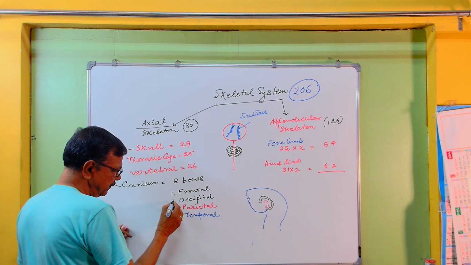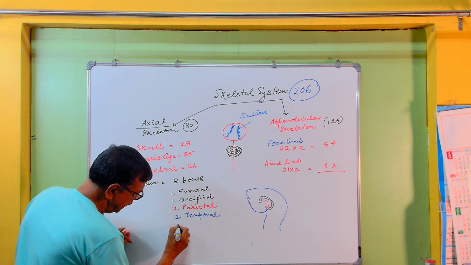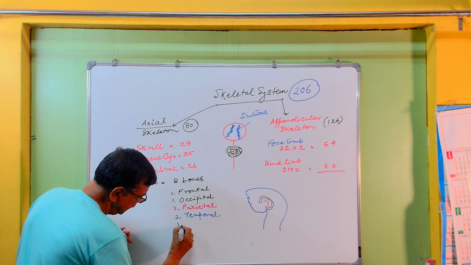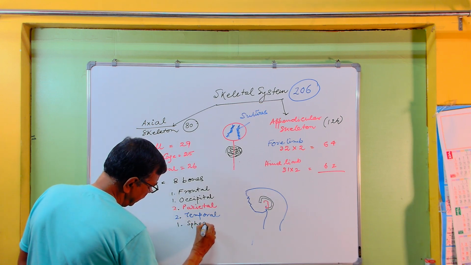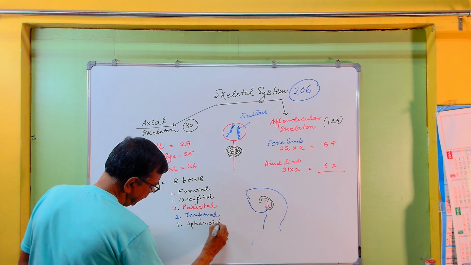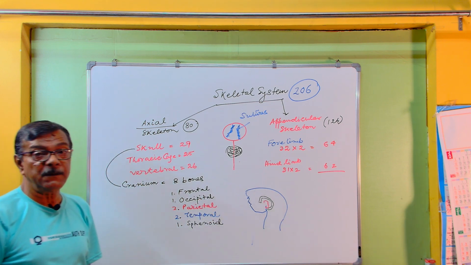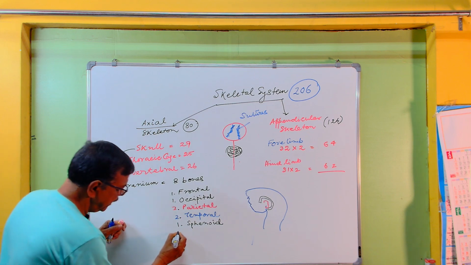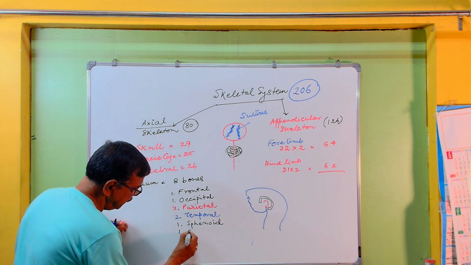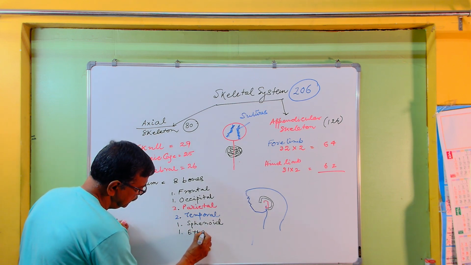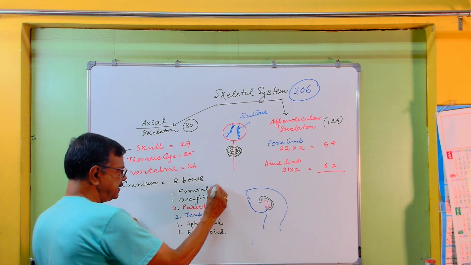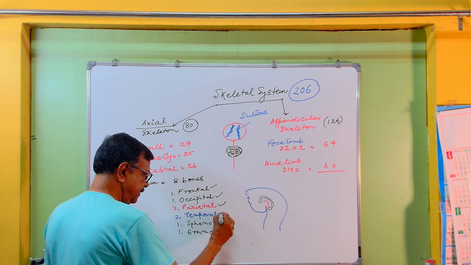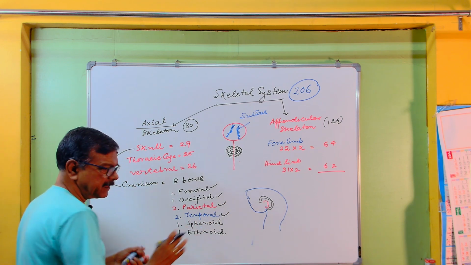Now 2, 2, 4, 5, 6. Another is known as the sphenoid bone. There is one sphenoid bone and there is one ethmoid bone. We have come across this, not sphenoid and ethmoid.